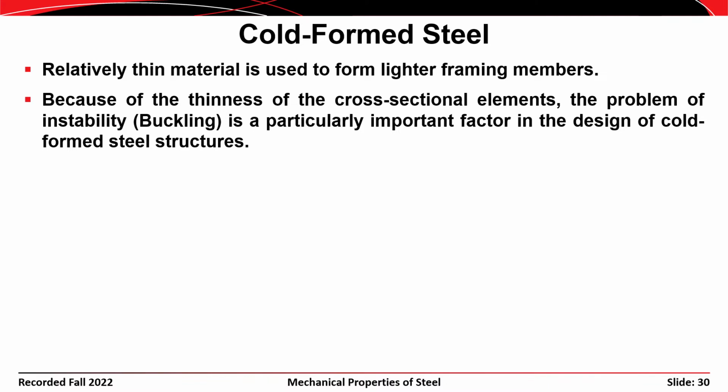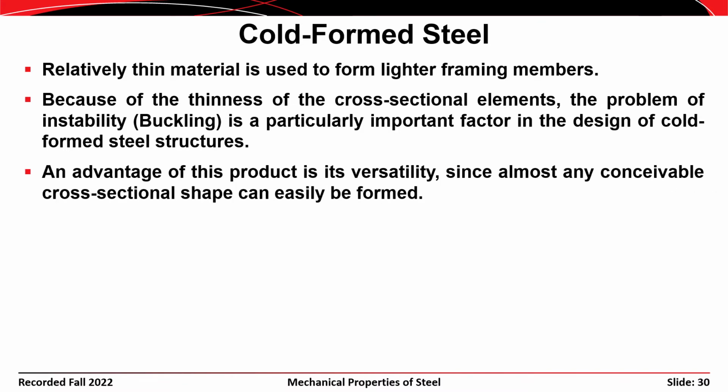When we look at hot rolled steel sections, we worry to a much greater extent about things like yielding or developing the yield moment or plastic moment of a cross section in bending. But when we look at cold formed steel members, the design problem is all about buckling.